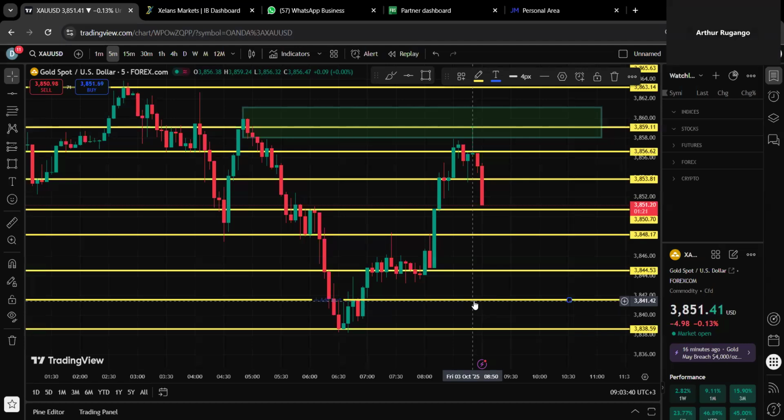So quick question. The trend lines for the higher time zones, when you look at them through the lower time zone, like the 5 minutes, they still respect that line while you're in the smaller time zone? Yes. You see, like now the trend lines for 4 hours, for example.